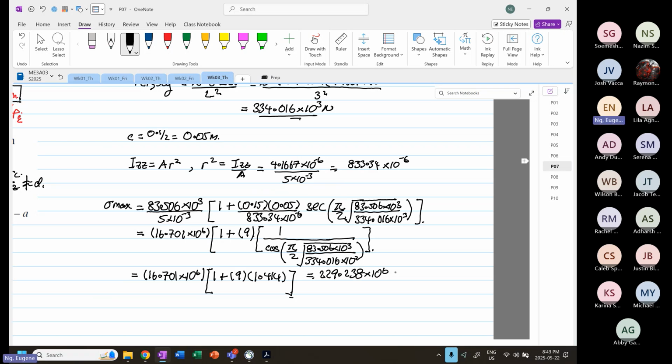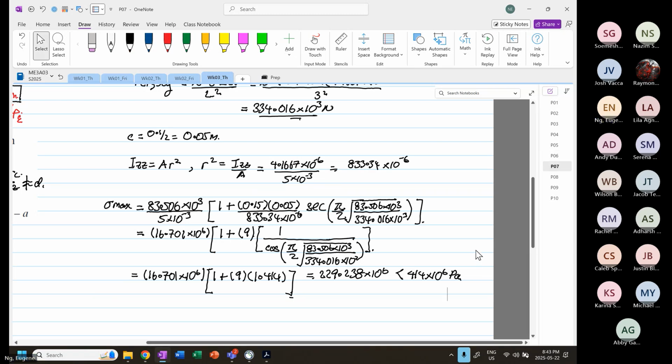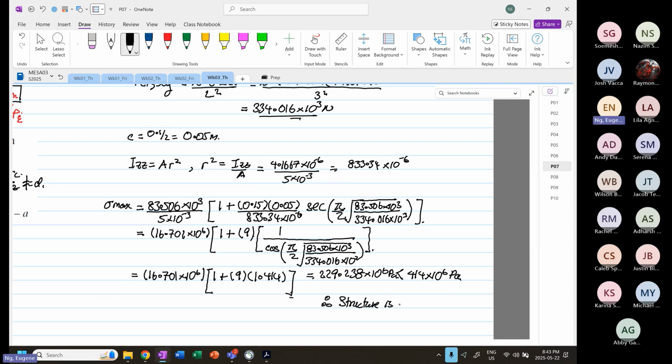And this is less than 414 times 10 to the power 6 Pascal. Okay, both are Pascal. So therefore, the structure is safe from buckling. Are we clear? Okay.